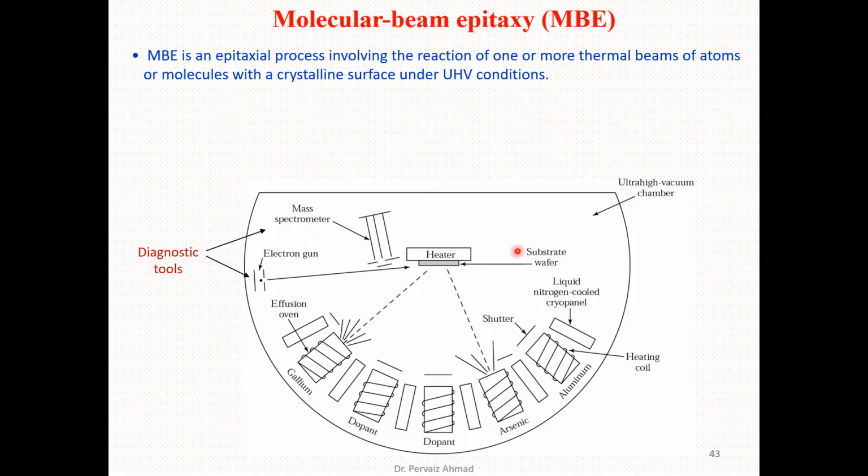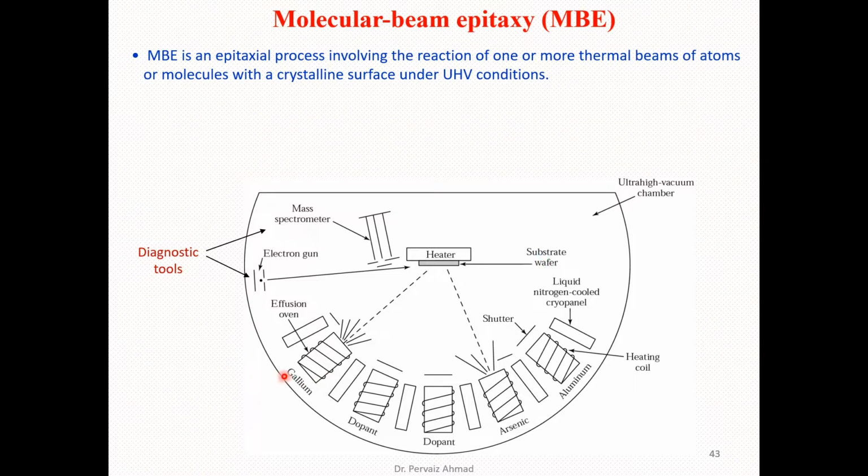So MBE, or molecular beam epitaxy, is basically the process in which one or more thermal beams of atoms or molecules are made to react with a crystalline surface. So one or more atoms.